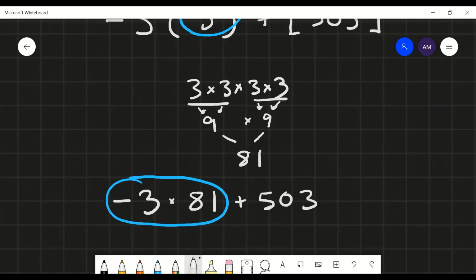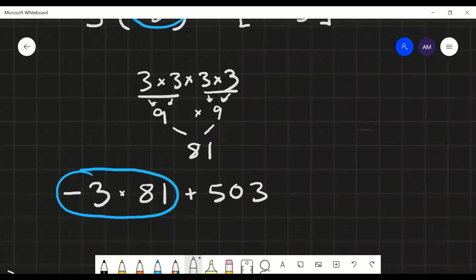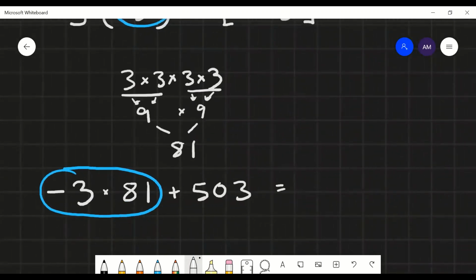So a negative times a positive, 81, would be a negative. So 3 times 81 is 243. So we end up with negative 243 plus 503.